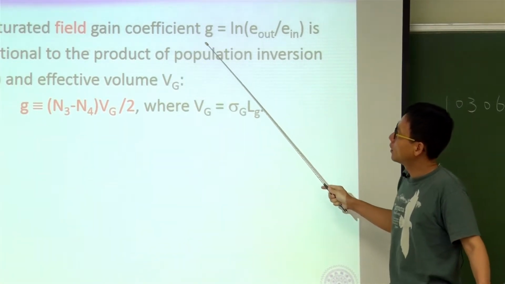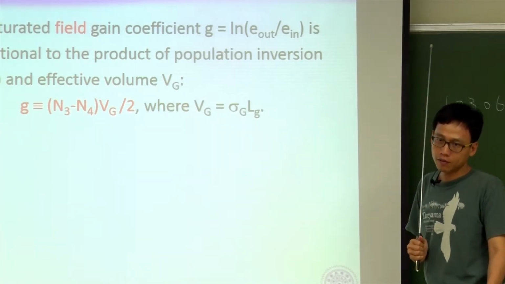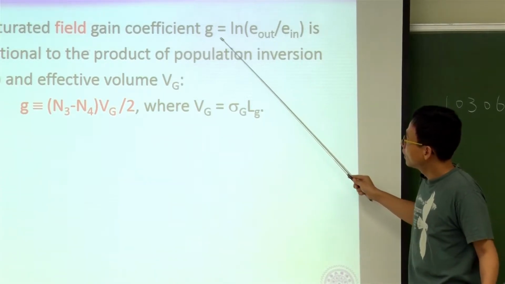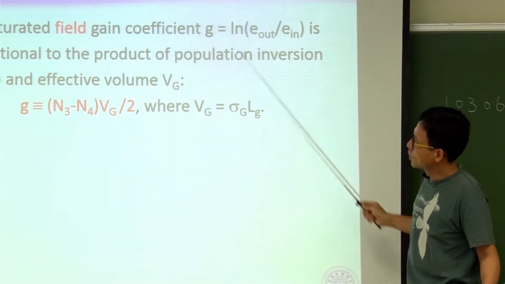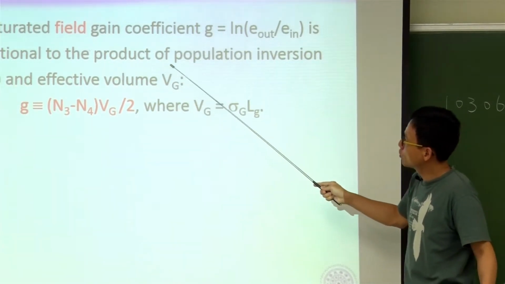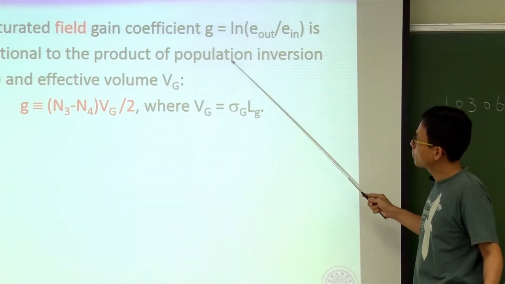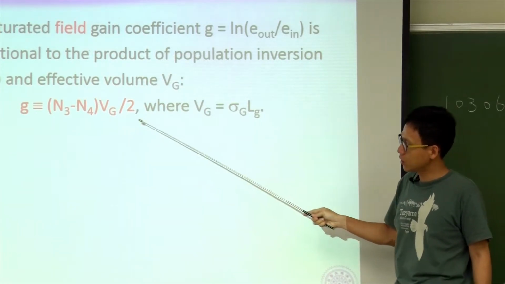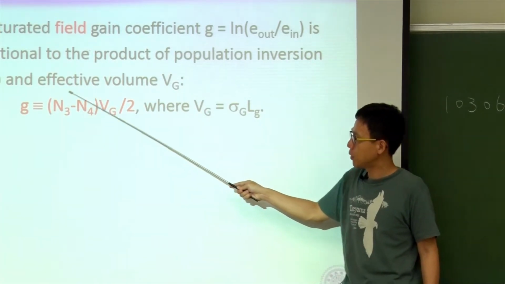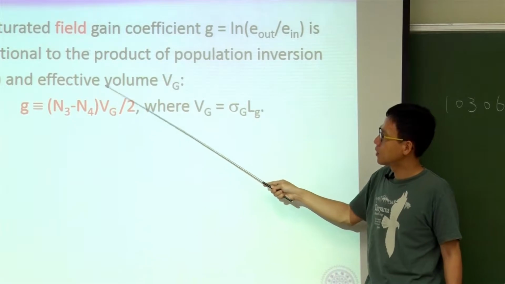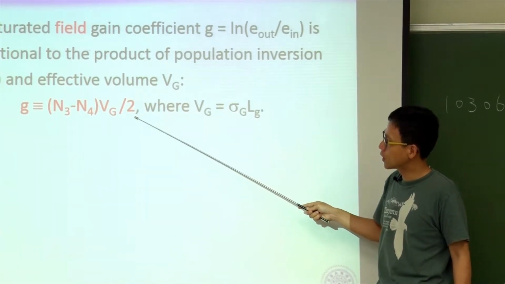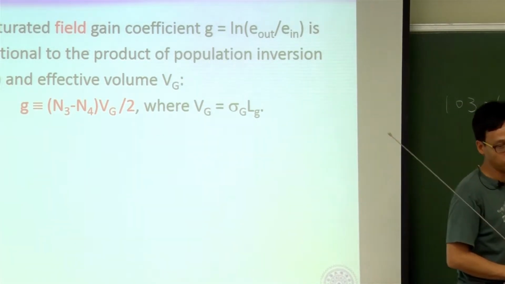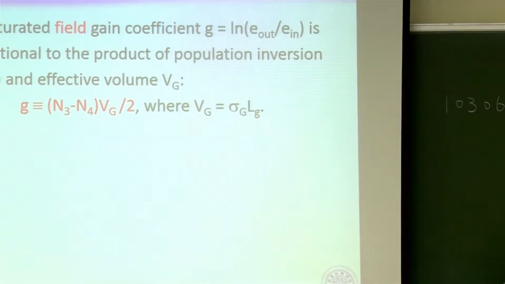And small g is the field gain coefficient, as I mentioned before. This quantity g is proportional to the product of population inversion and effective volume, Vg, which is shown here. Population inversion times effective volume over constant 2 is defined as the gain coefficient, small g.